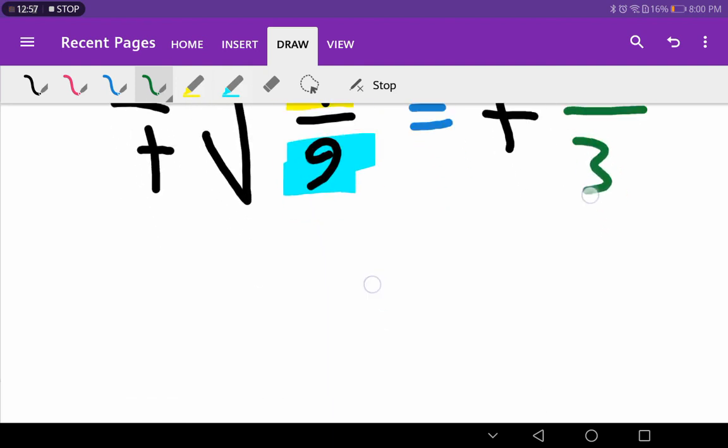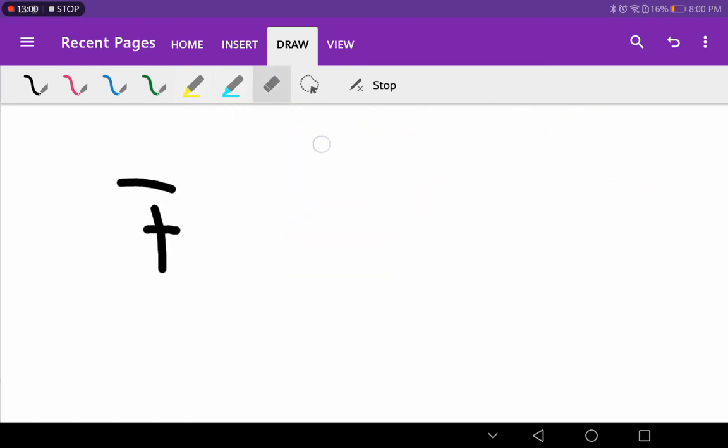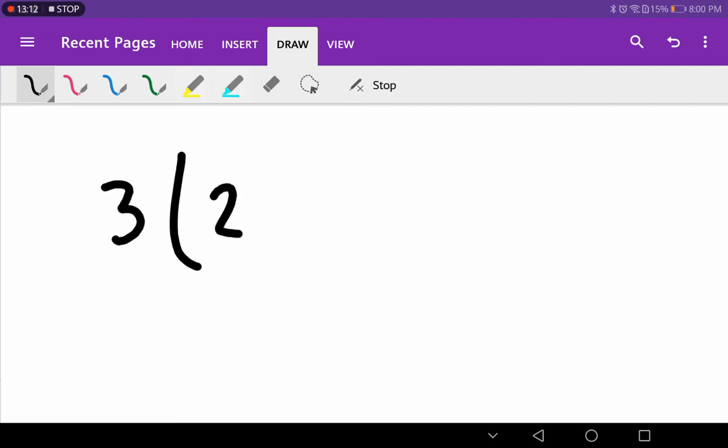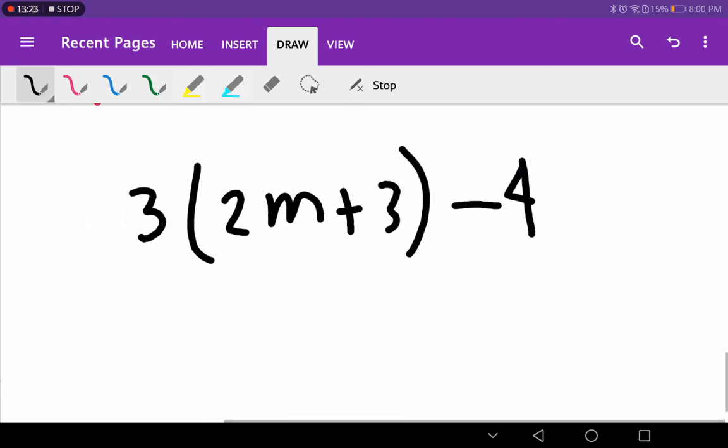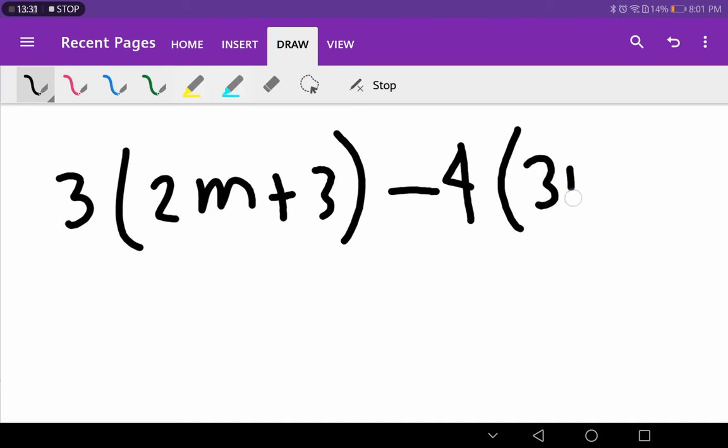Okay. What else? Let us combine terms. If you have 3 multiply 2m plus 3, negative 4 multiply by 3m plus 1.